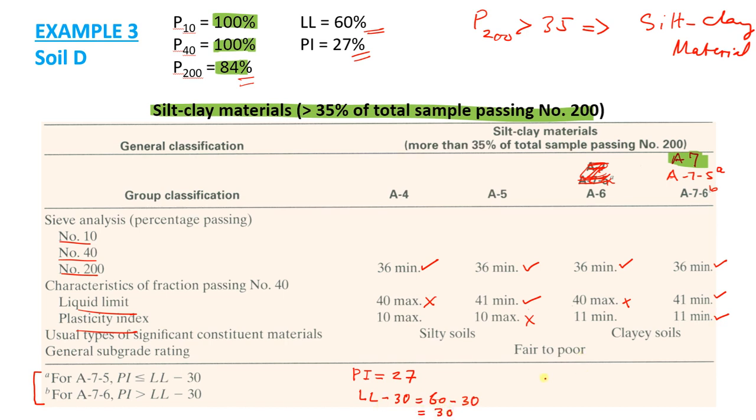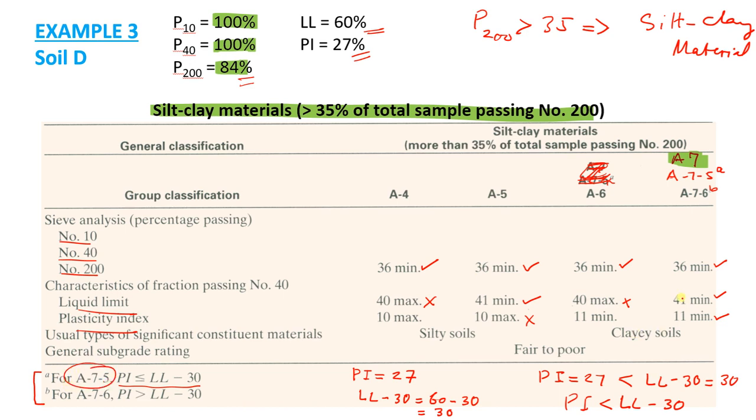So we see that plasticity index is 27, which is less than liquid limit minus 30, which is 30. So 27 is less than 30. So it means plasticity index is less than liquid limit minus 30. So when plasticity index is less than liquid limit minus 30, then the group is going to be A75.